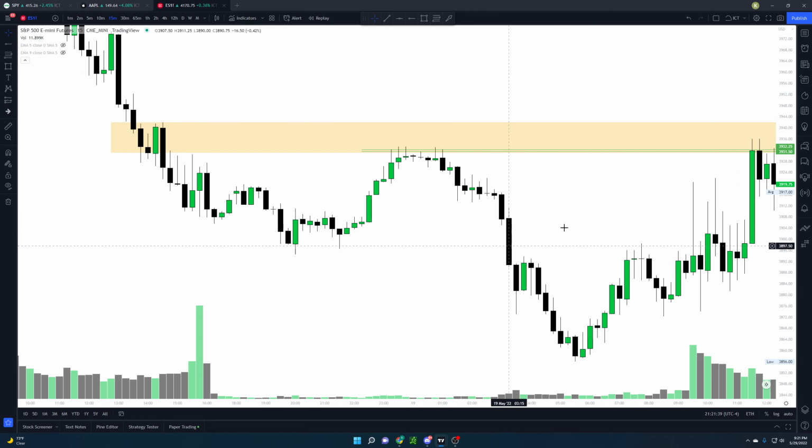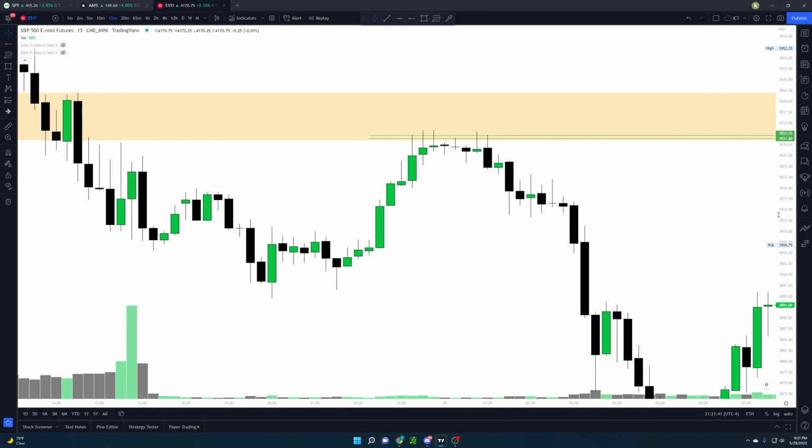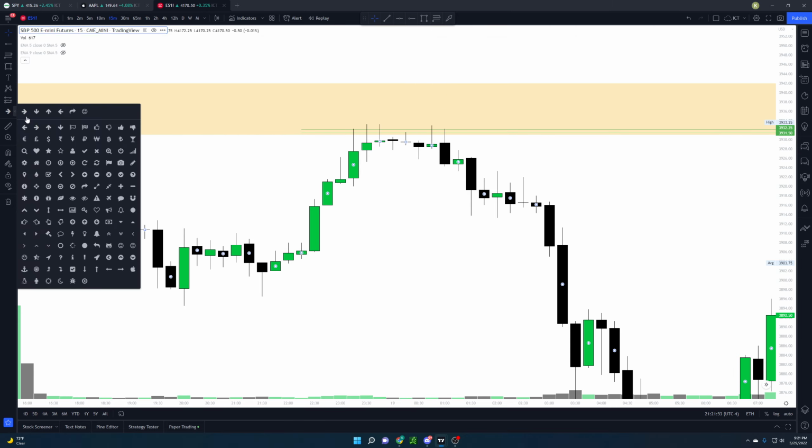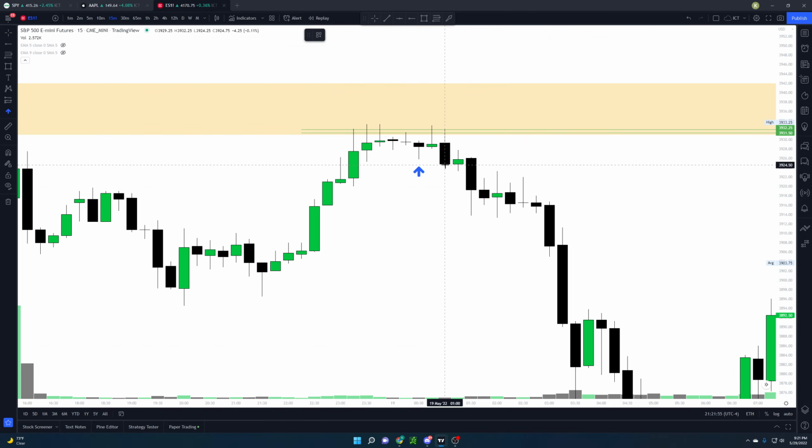For all my strat people, this is why I combine different strategies. What is this setup here? This candle, this candle, this candle. What setup is that? Somebody tell me. Anybody enter in the chat? Two down, two up, two down. Yep, exactly.